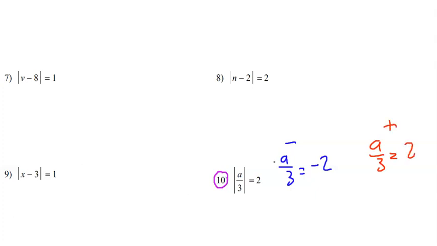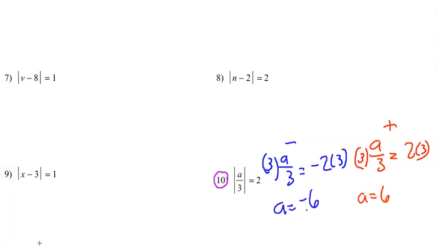Okay, solve each one. We'll multiply each one by 3. And then we get our two solutions. a equals -6 or a equals +6. So your solutions are plus or minus 6.